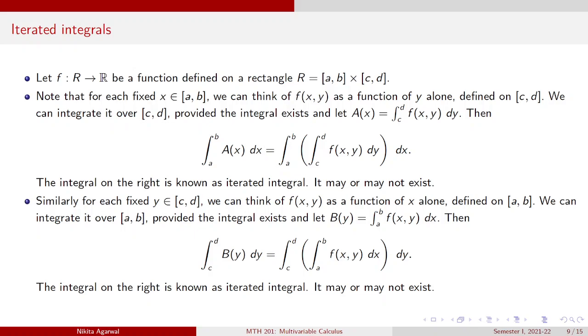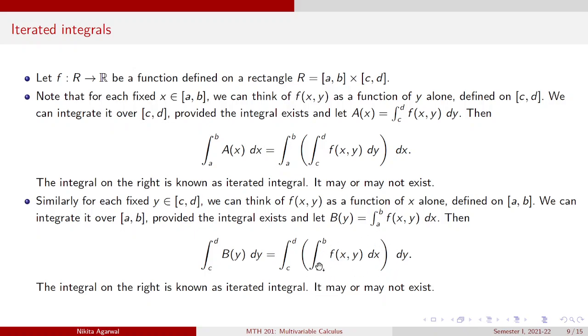Why is it a function of y? Because we have integrated over x, right? So the x variable is gone. So it's just a function of y. And then you can integrate this function B(y) over [c,d], because y varies over [c,d]. So now B(y) can be replaced by this integral. This is what you get.